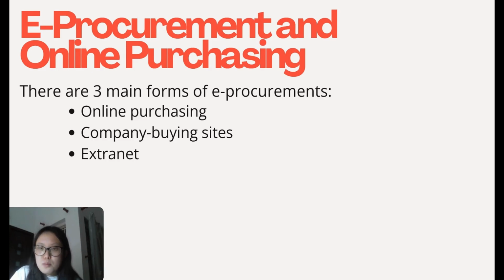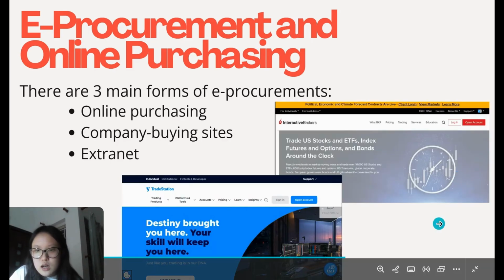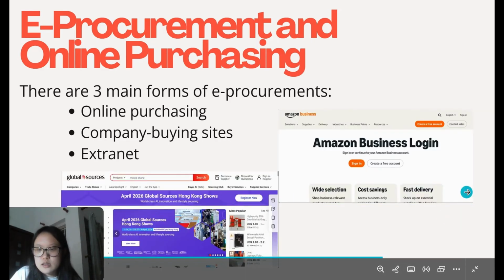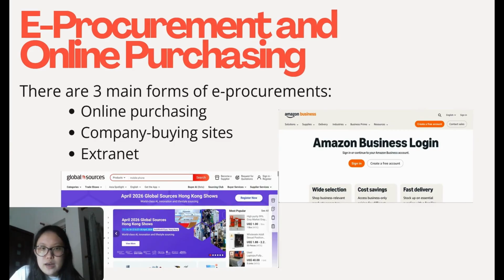For example, popular trading platforms like Interactive Brokers, TradeStation, TD Ameritrade, and Robinhood offer different advantages, with some focusing on professional traders while others aim at beginners and retail investors. And next is company buying sites.